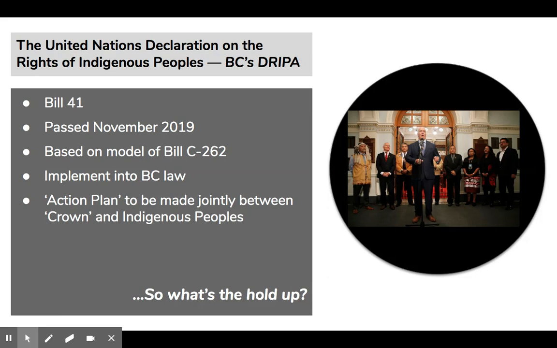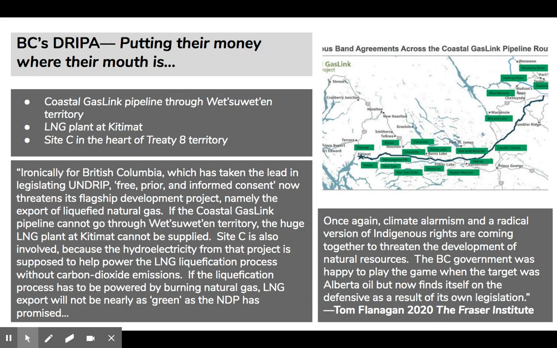It also seems in many instances that the passing of Bill 41 has not actually eased tensions with the First Nation communities in BC, but has sometimes intensified them. In the case of BC, there are three major things that seem to be at work: the Coastal GasLink pipeline, the LNG plant, and the Site C Dam project.